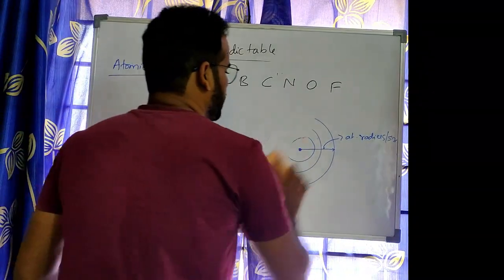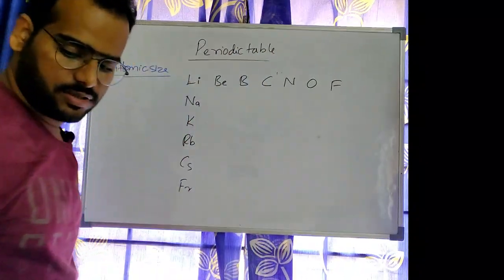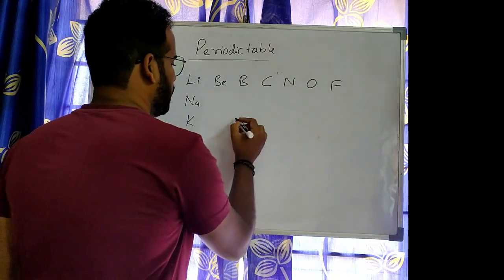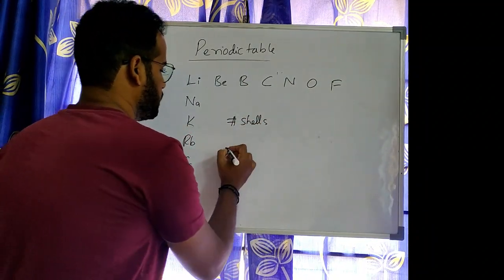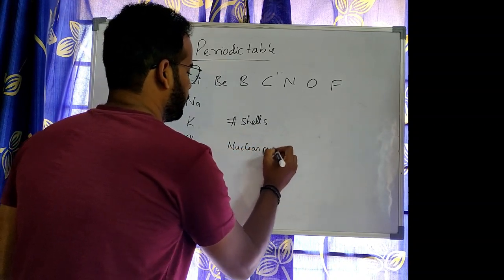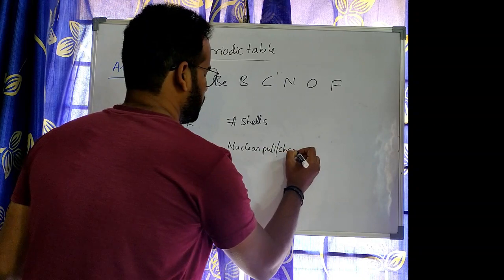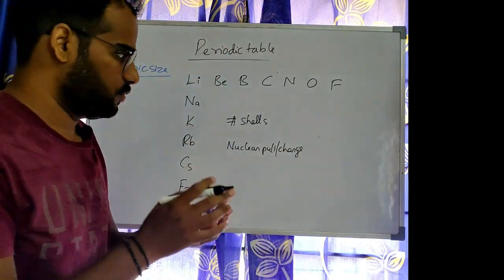For that, you need to know 2 points. It depends upon 2 things: the number of shells and nuclear pull, also called nuclear charge. Nuclear charge is nothing but the number of protons present in the nucleus.